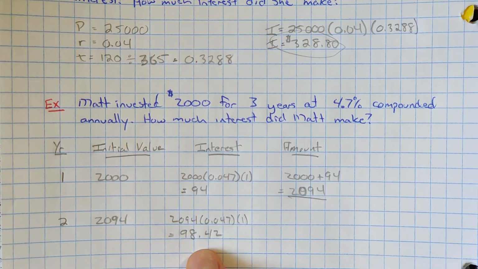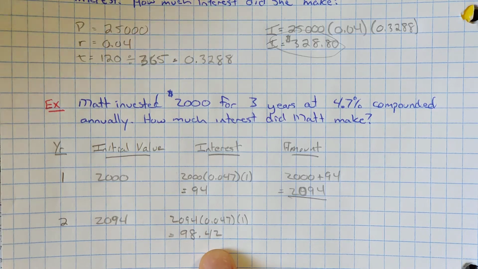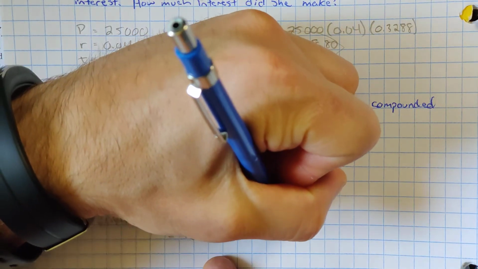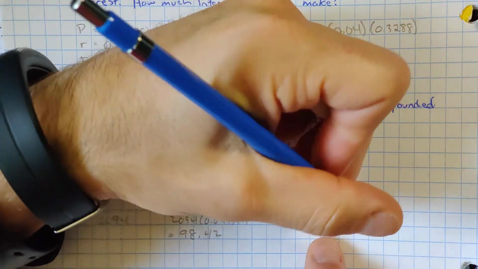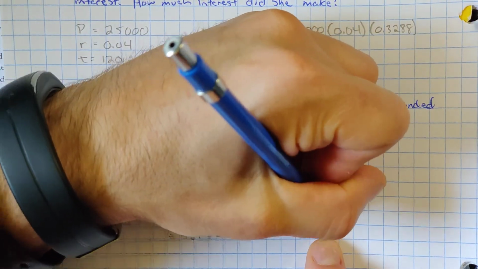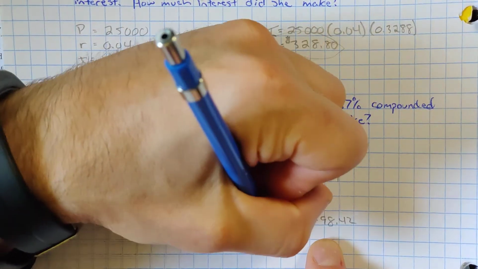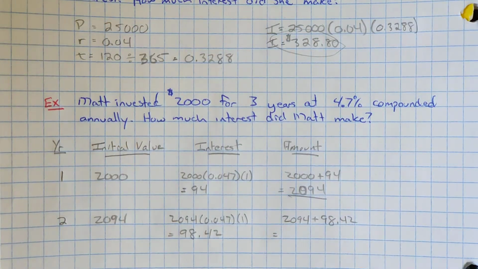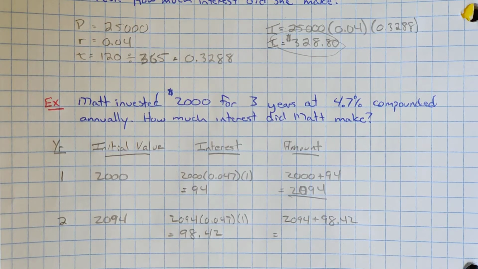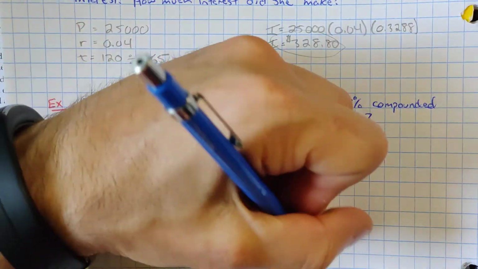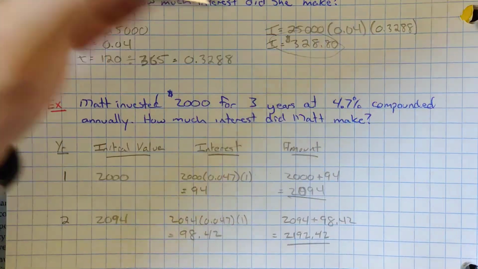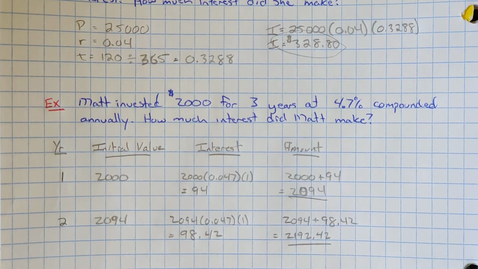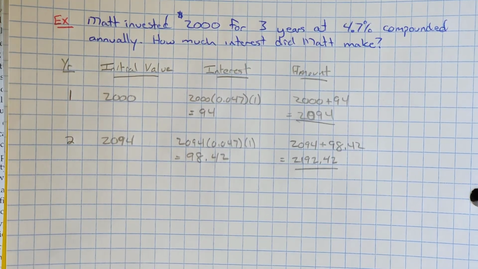So he's made $4.42 more. It's not bad. So we add those up, and we get 2,192.42. That's his second year value. So he's made a little bit more money.